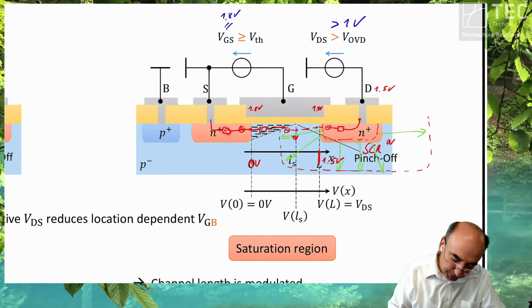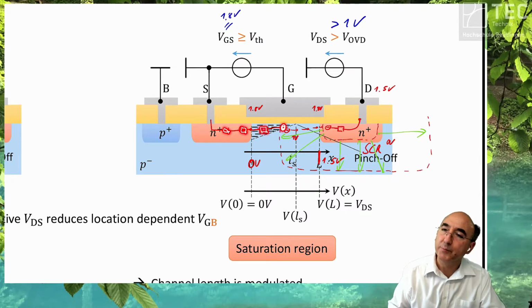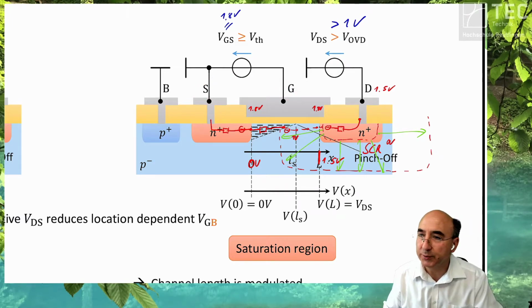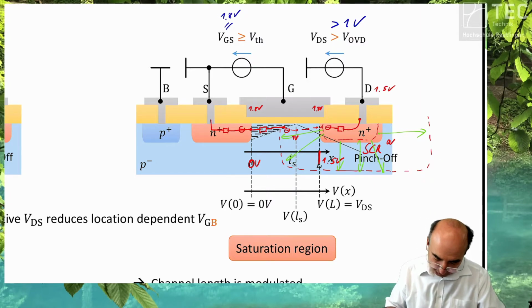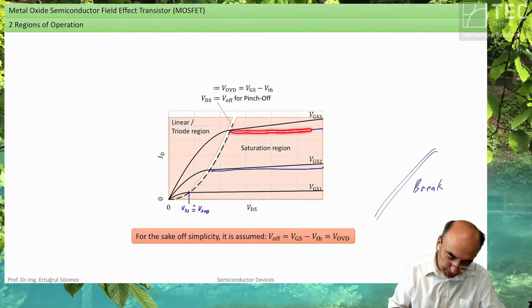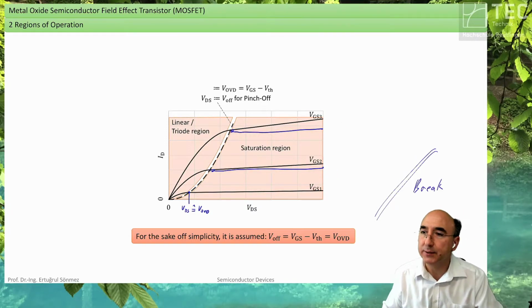You have a resistor, and the amount of electrons which is available is fixed by the gate source voltage, and this density of electrons generates a drift current through the space charge region. So here we are at a constant current in the first approximation, and the constant current increases with increased gate voltages.